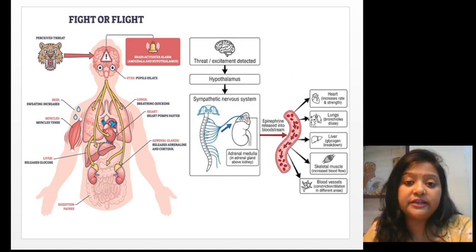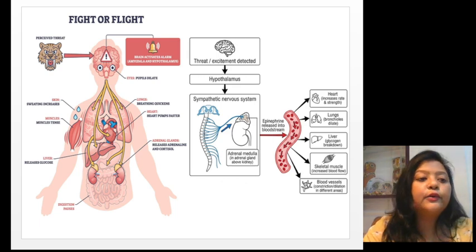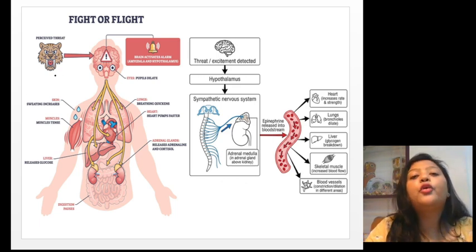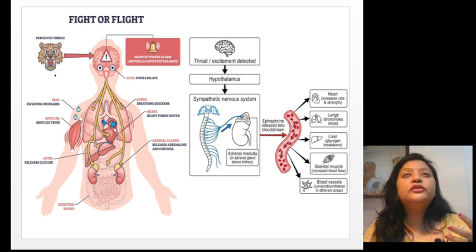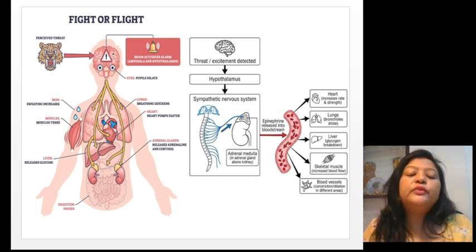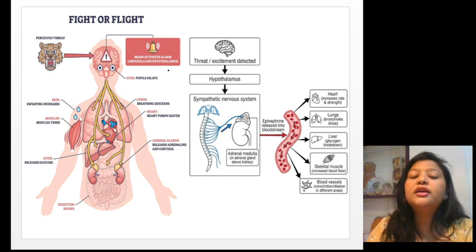Coming to the fight or flight mechanism. Let's talk about this in detail. This is very interesting and I think you will like it. When the body perceives a threat, when it feels it is facing some threat, it signals the brain, and the brain activates the alarm. Who is the alarm here? The amygdala.